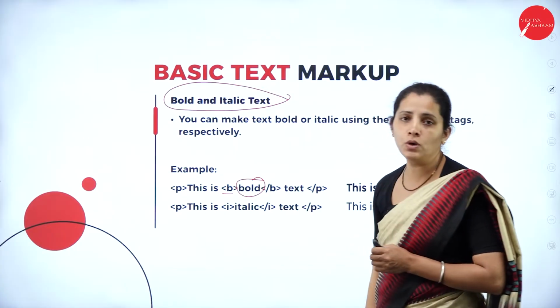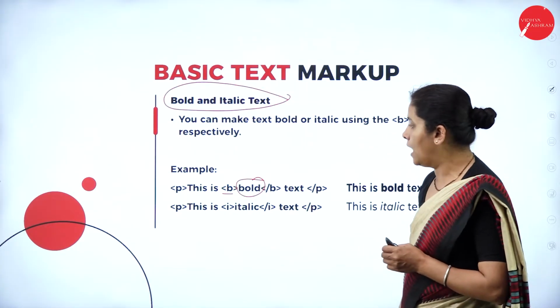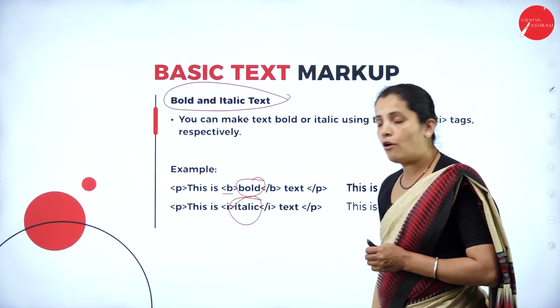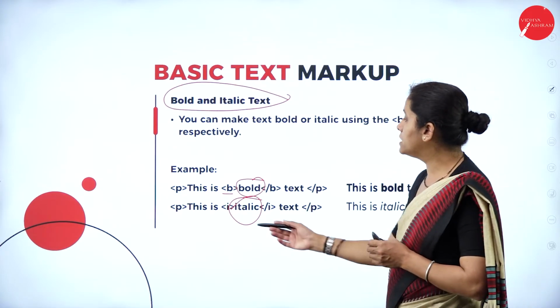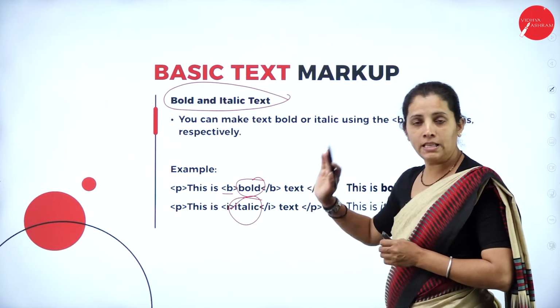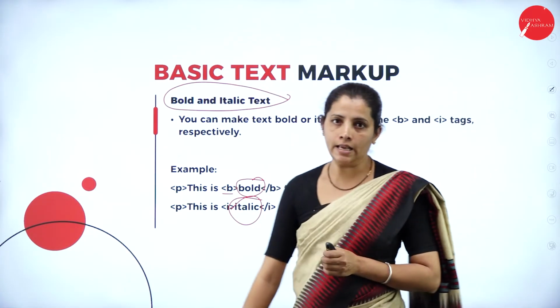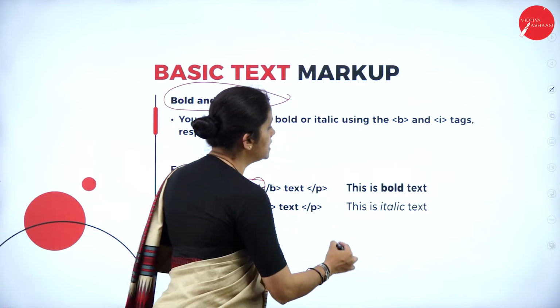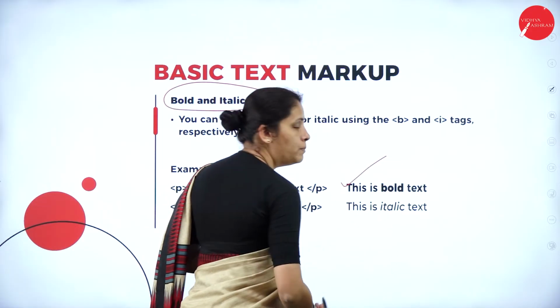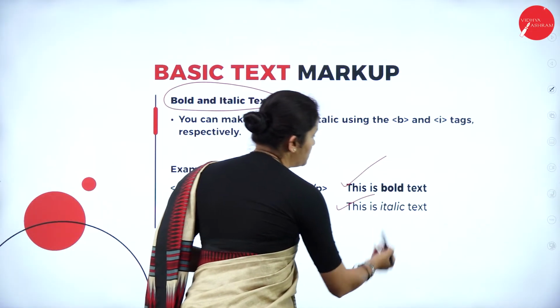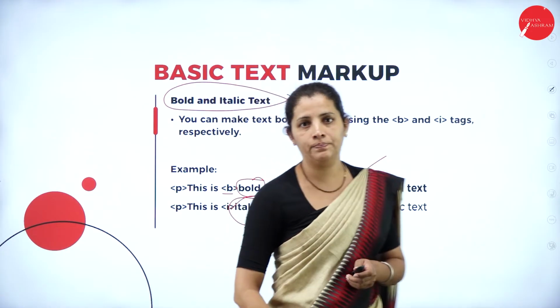So, I'll use B tag. Now, to display in the form of italic, I'll go with the I tag. B stands for bold and I stands for italic. Now you can see the output. So this is the bold tag and this one is my italic tag.